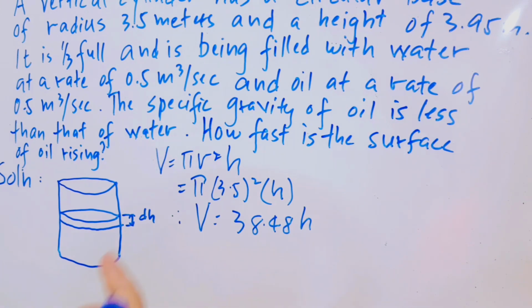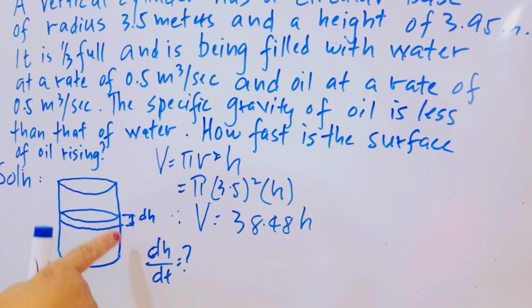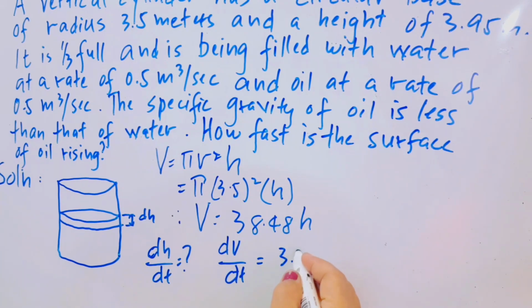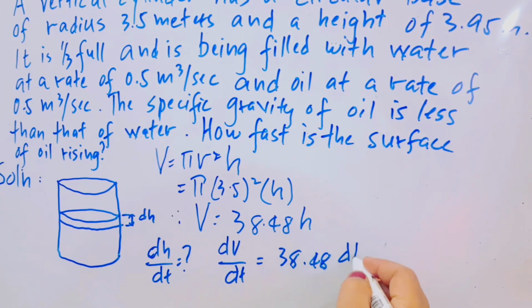Now, because we are looking for dh/dt, the change in height with respect to time, we can differentiate this one. dV/dt therefore is equal to 38.48 times the derivative of h with respect to time.